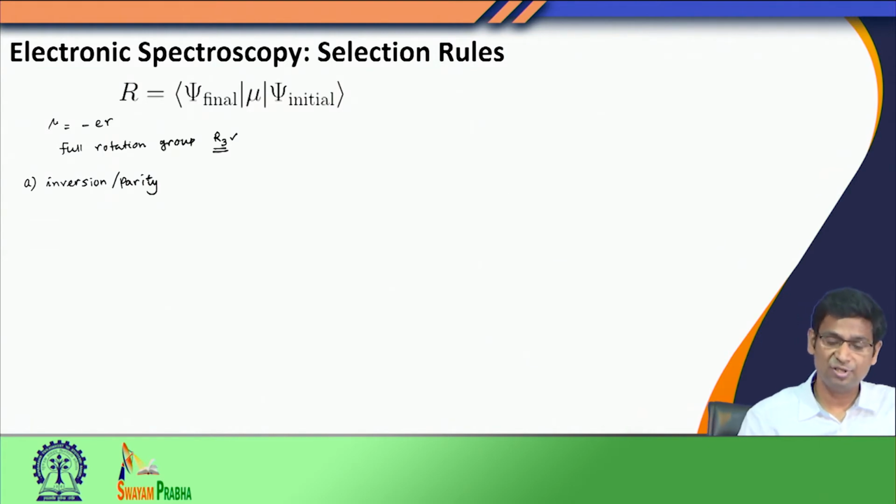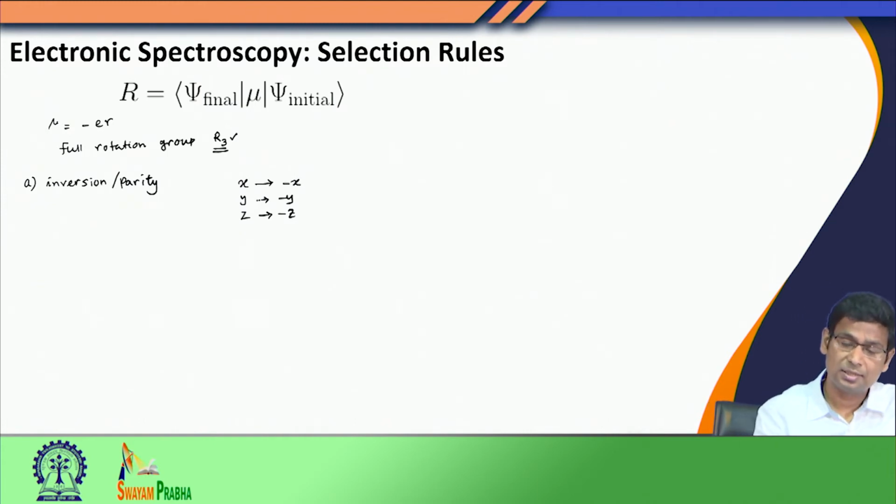What do I mean by inversion? Inversion simply suggests that if I take x and carry out an inversion operation, x goes to minus x, or y goes to minus y, z goes to minus z, and if I have a function which has x, y, z altogether, then all three go to their negative values.